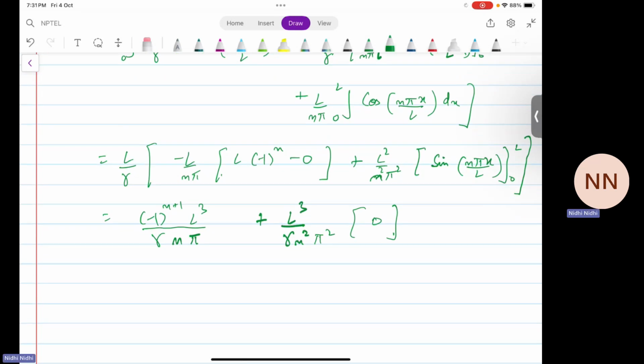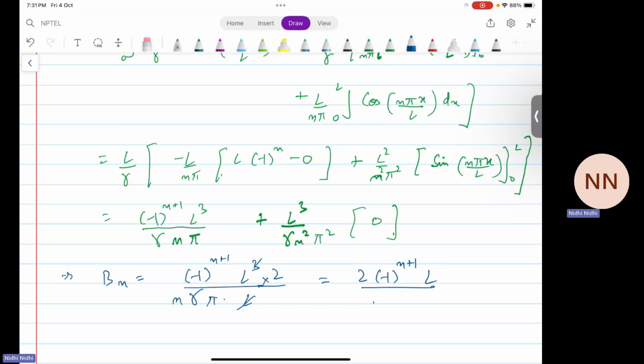So this gives us b_n equal to minus 1 to the power n plus 1 L cube by gamma n pi times the denominator, which was L by 2. So this is 2 times minus 1 to the power n plus 1 L by n pi gamma.